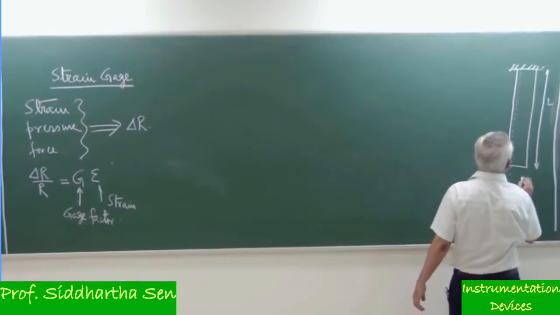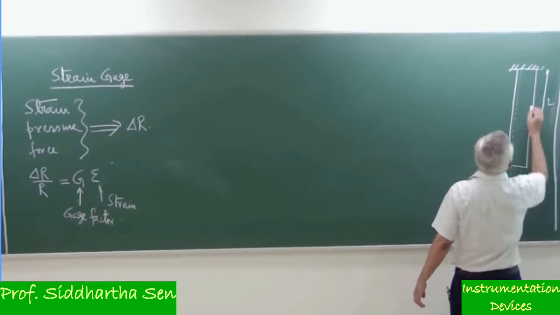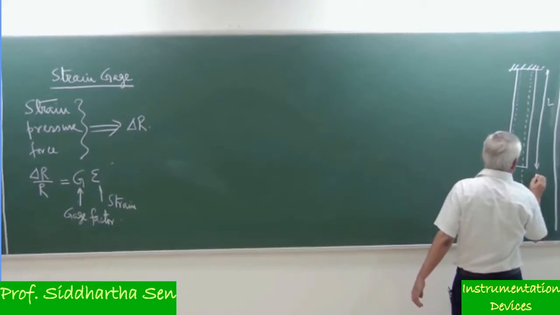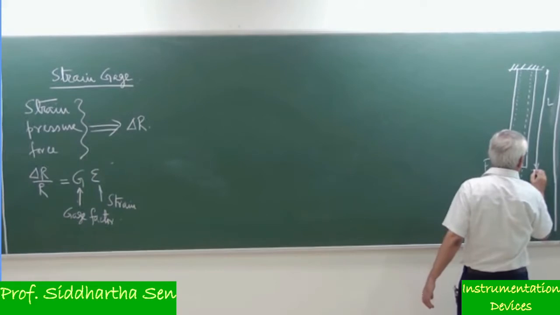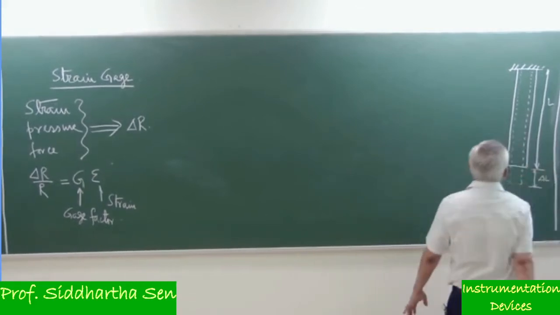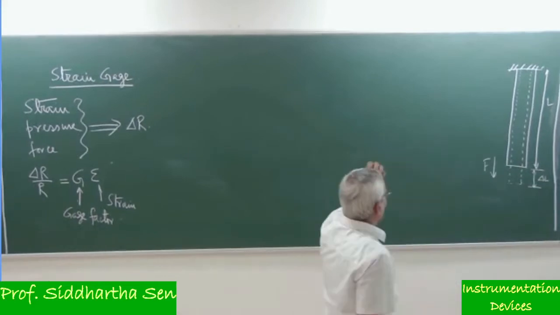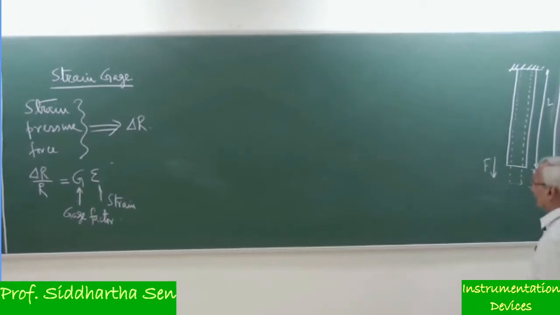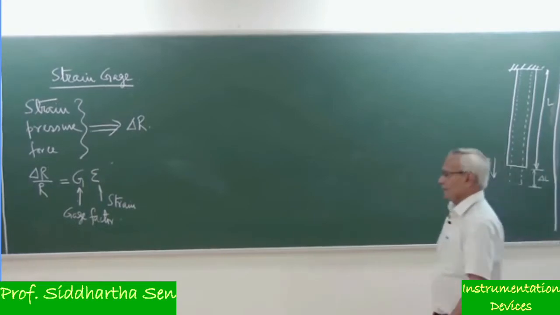The change in length we call delta L, and obviously the cross sectional area A will change by an amount delta A. Obviously, if L increases, A decreases.